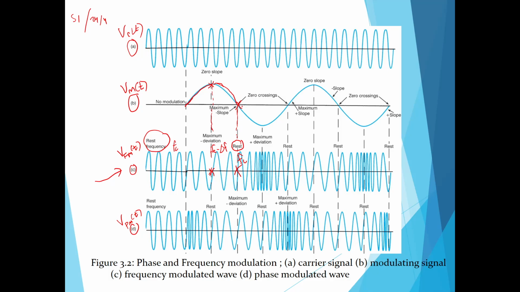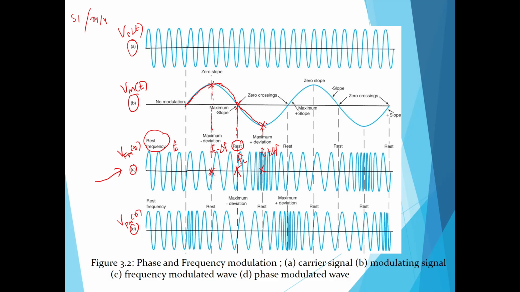And then the input message moves towards negative peak amplitude. So the output signal, which is the FM signal, will have the maximum positive deviation. You see that the ripples are very close to one another. So this is actually the maximum frequency of the carrier, Fc plus delta F.